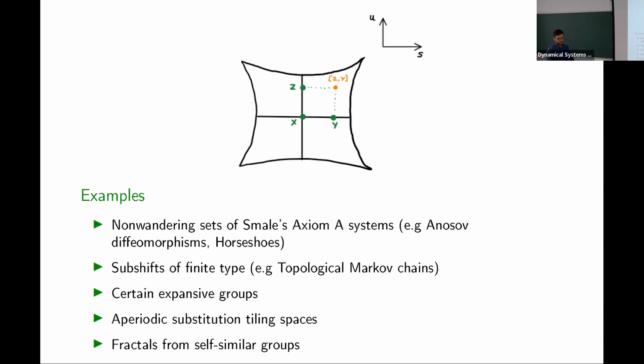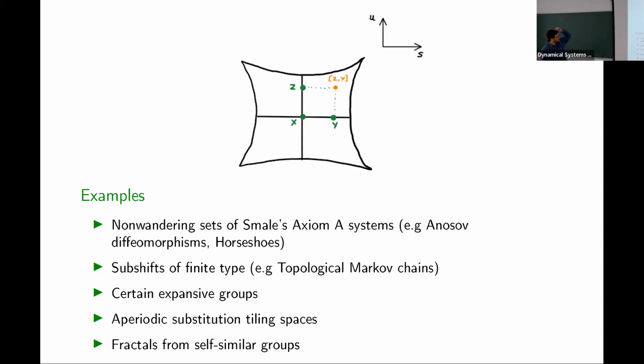Here the group is the space, and you have an expansive automorphism. Like examples from dynamical systems of algebraic origin, like Lind and Schmidt dynamical systems. Aperiodic substitution tilings, fractals like Smale spaces and similar groups, and so on, and also different morphisms.